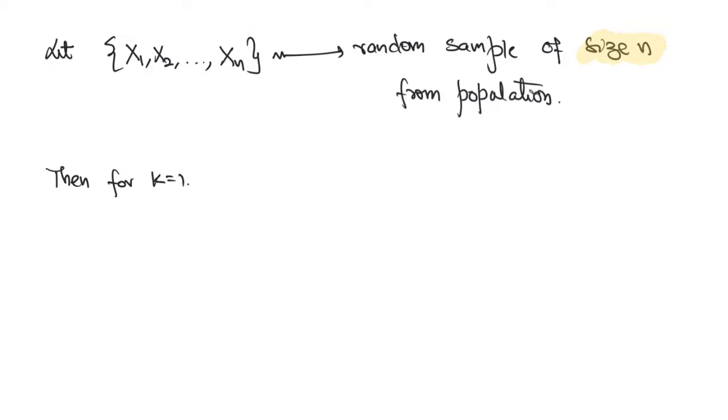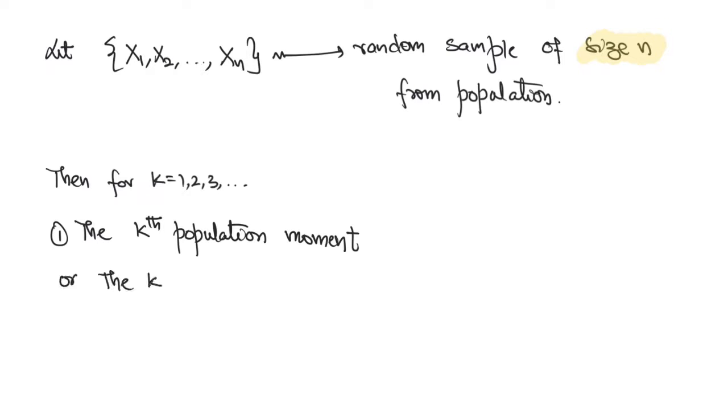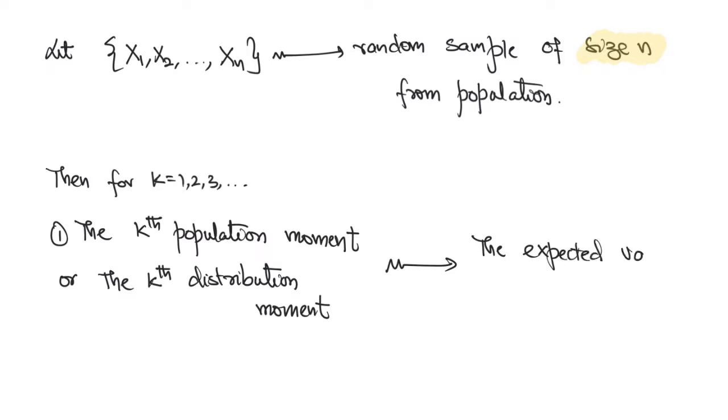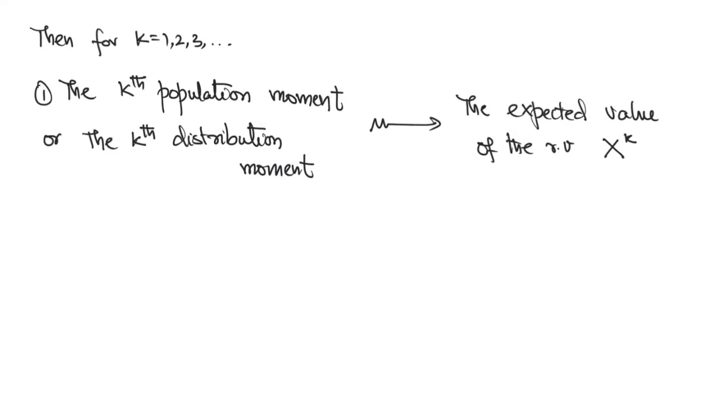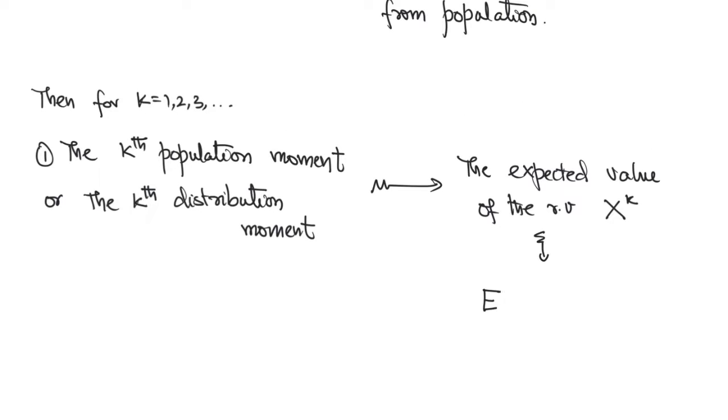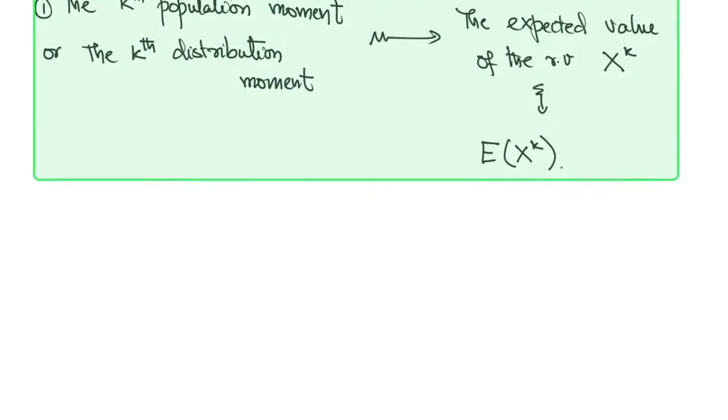Then for k equals 1, 2, 3, all the way up to infinity, the kth population moment, or the kth distribution moment, for the density function f of x is the expected value of the random variable X to the power k. You can write it as E of X to the k.